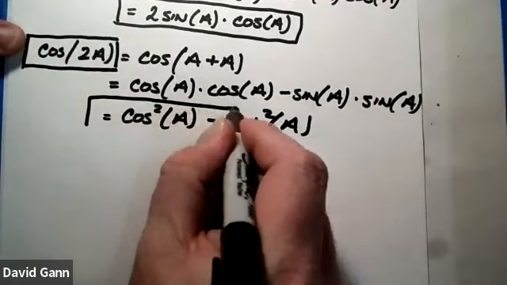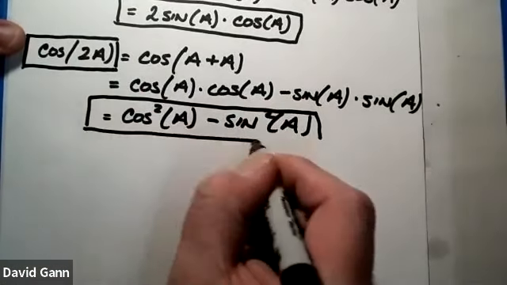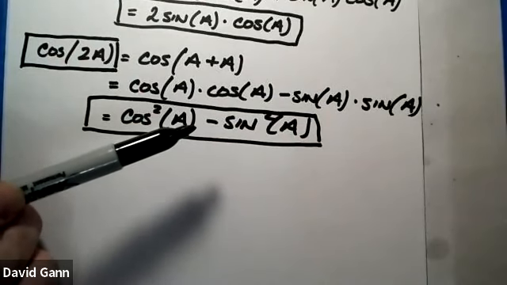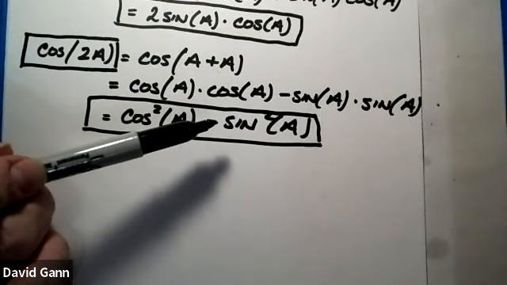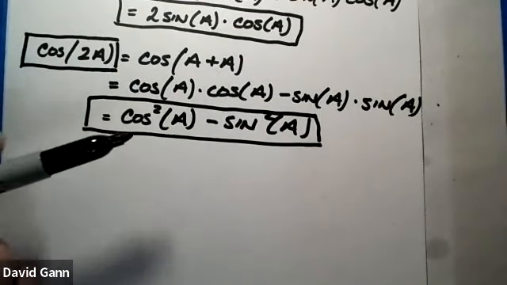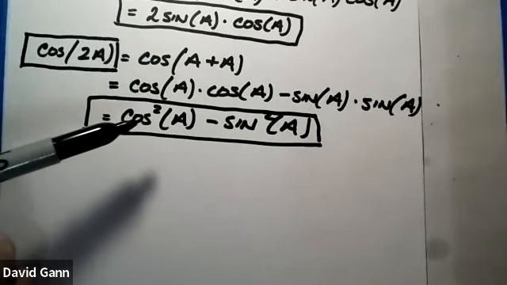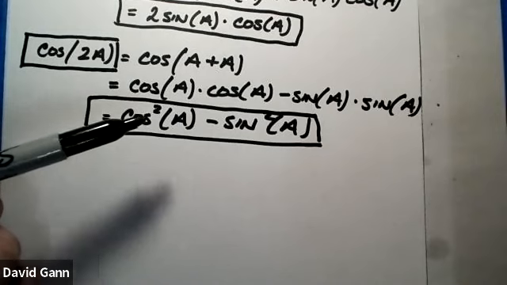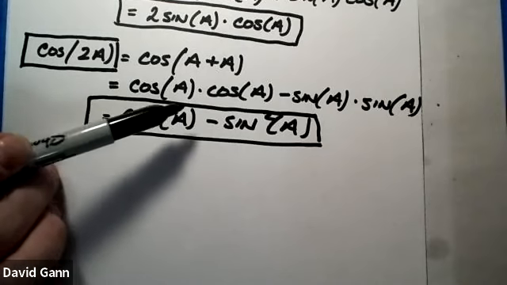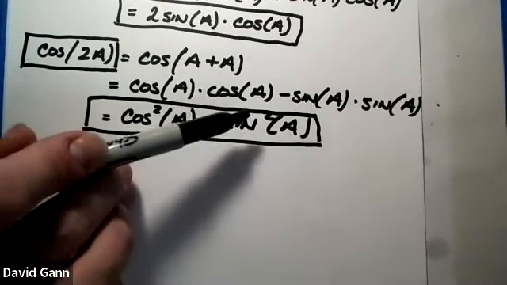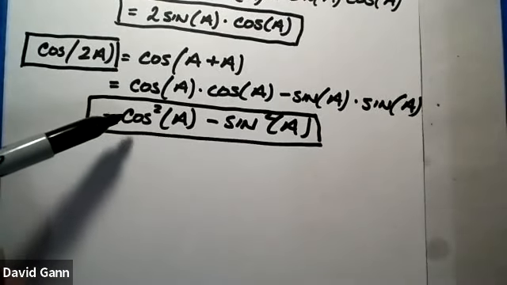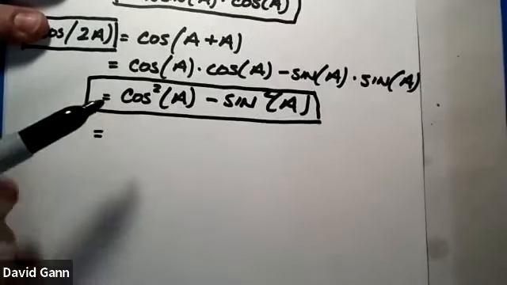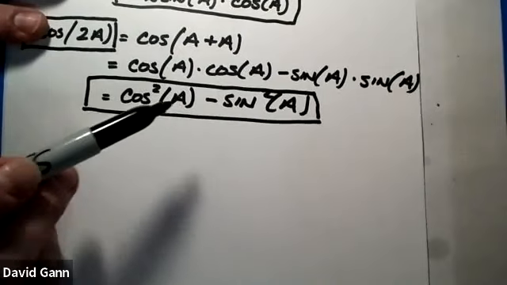Now, what you might have noticed just by looking at this is that we have something that looks an awful lot like a Pythagorean identity. It's not quite the same because we have this minus sign here. But what we can do is simplify this expression so it only has a single trig function in it. We can either substitute what cosine squared is equal to, or we can substitute what sine squared is equal to. So I'm going to do the cosine first, which, as you recall, cosine squared is actually equal to 1 minus sine squared.